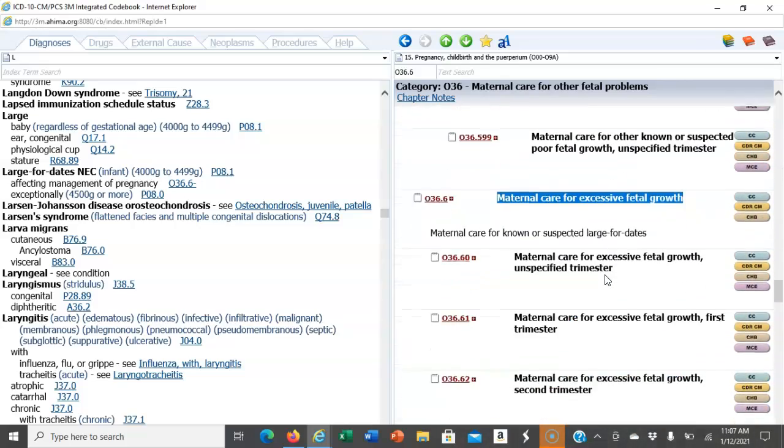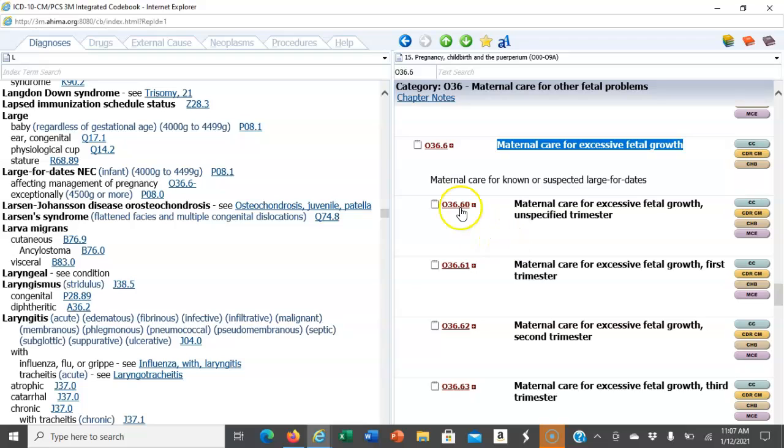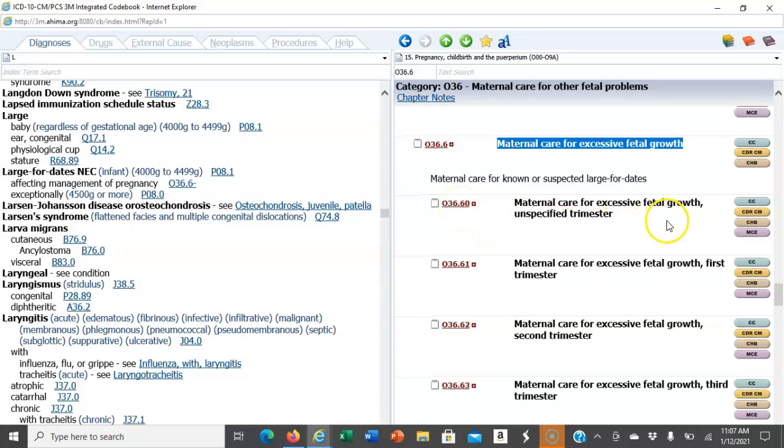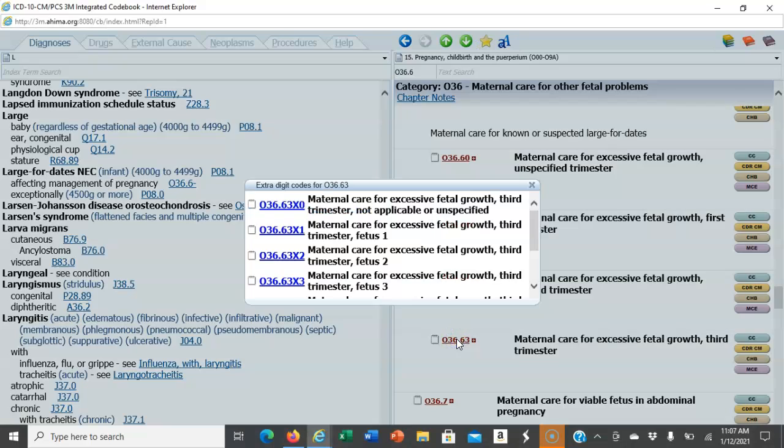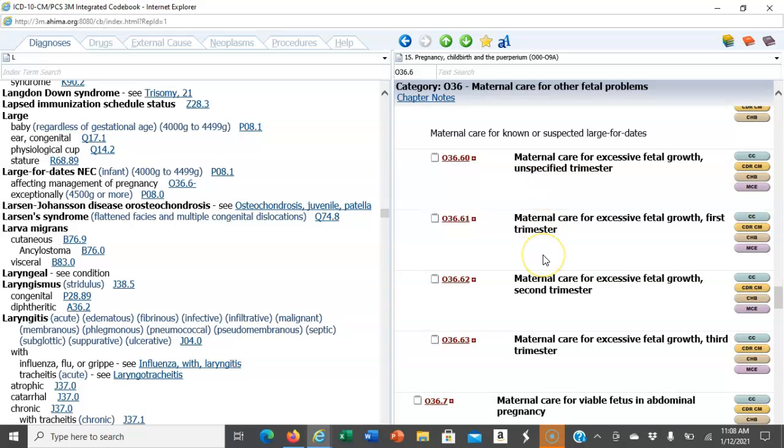So let's go back down to this particular code. And these codes are assigned based on the trimester. So O36.63X0. And this is for our 3rd trimester, large for gestational age pregnancy.